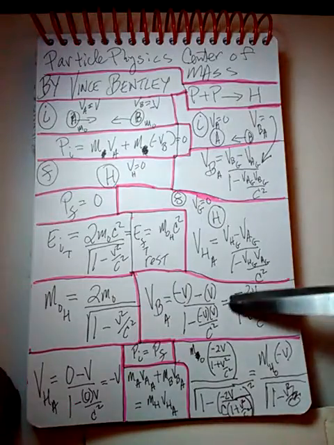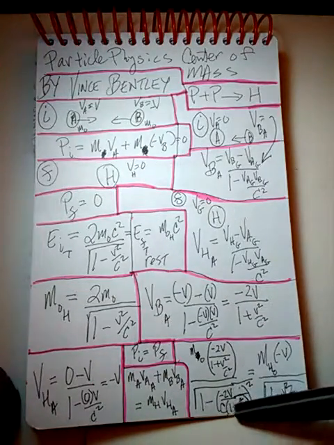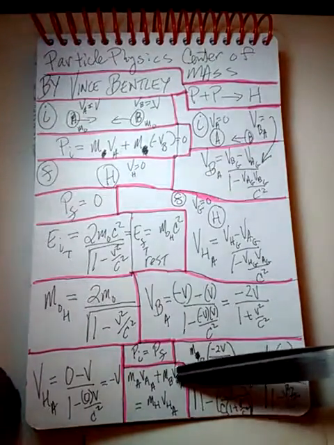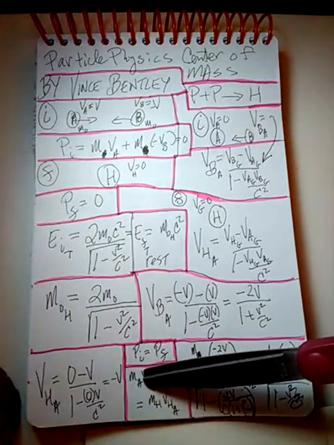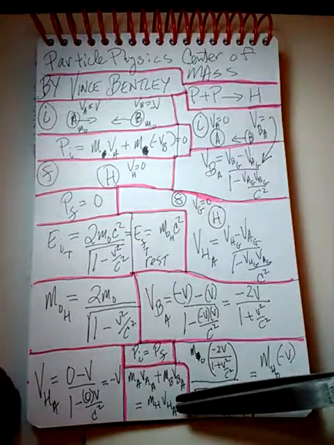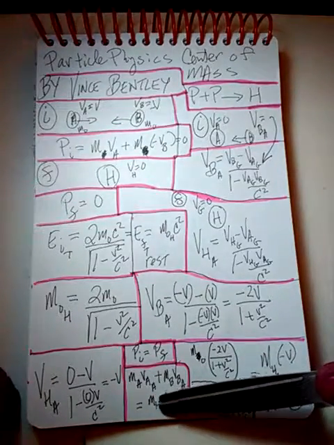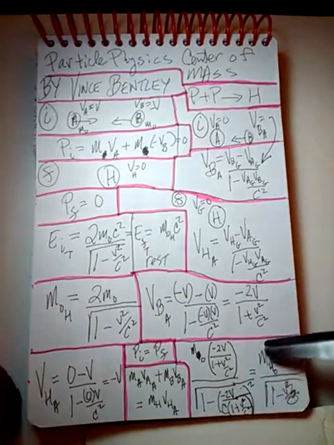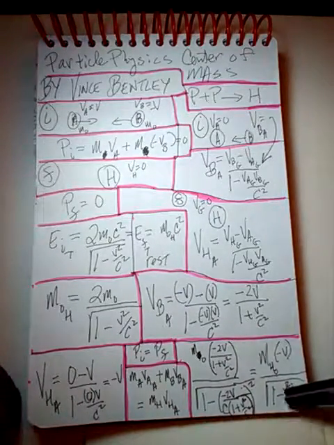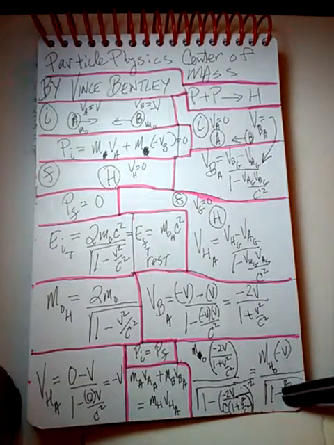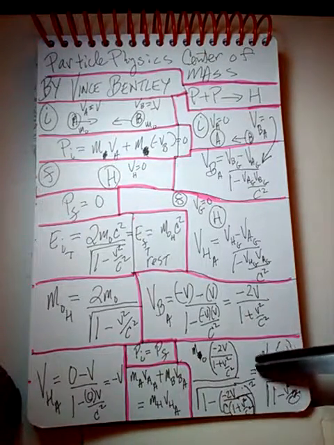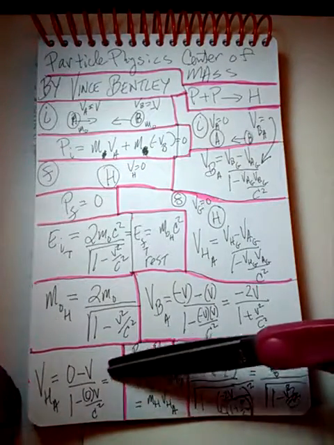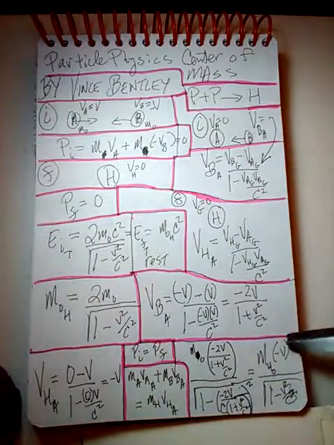So we're going to take this and put it into the relativistic mass equation. So this will be the momentum of Mr. B. The momentum of Mr. A is 0 according to Mr. A. And the momentum of Mr. H, finally, will be the relativistic mass of Mr. H. We don't know his velocity that he's flying at with respect to A. And the velocity of H with respect to A is this negative V. So we'll put a negative V there.